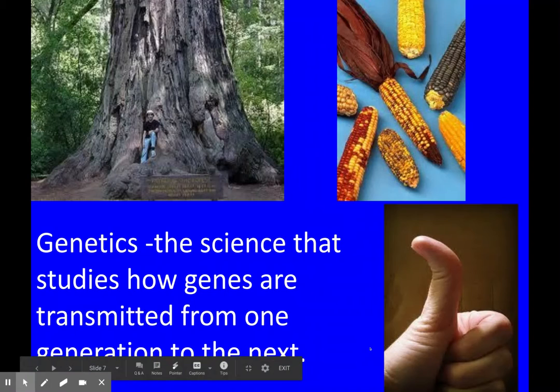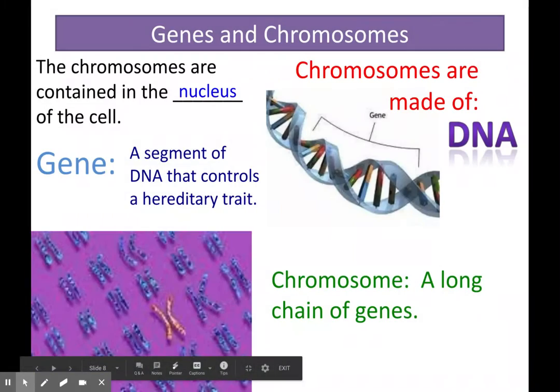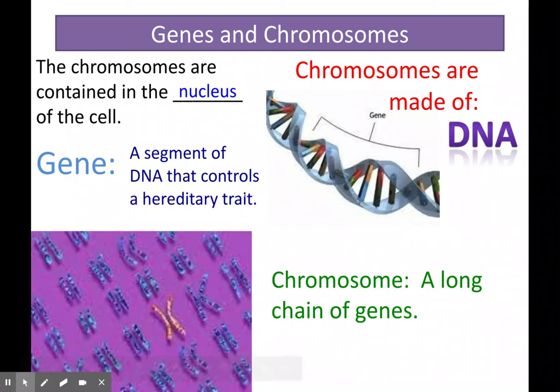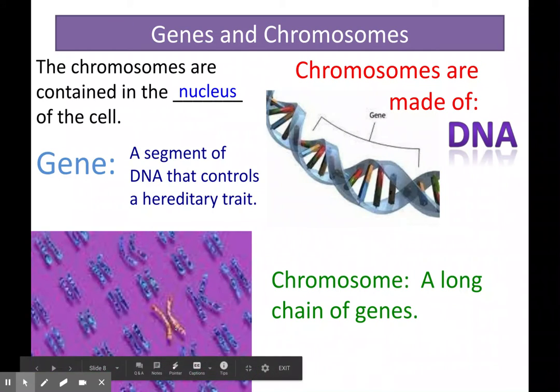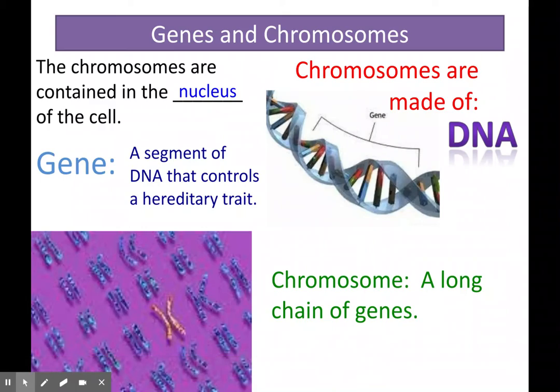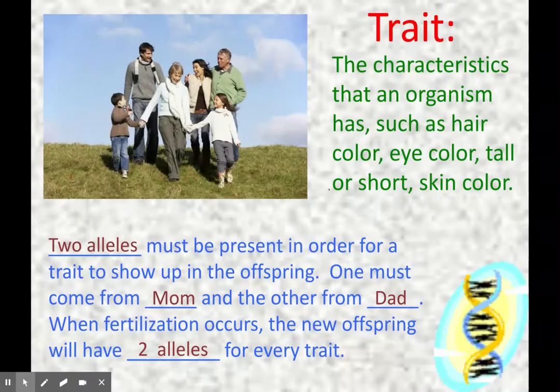So genetics, we're looking at the science of how genes are determined, how they're passed from one generation to the next, and how those might change along the generations. So remember, we're looking at the DNA that's found in the nucleus. On a single chromosome, we're going to find all of those different bases. So your traits are going to be different characteristics: eye color, hair color, how tall you are.